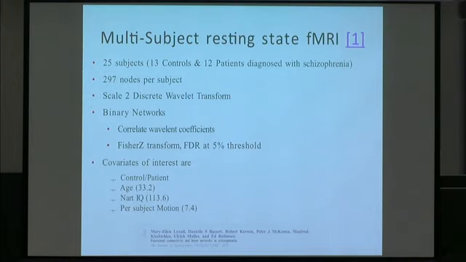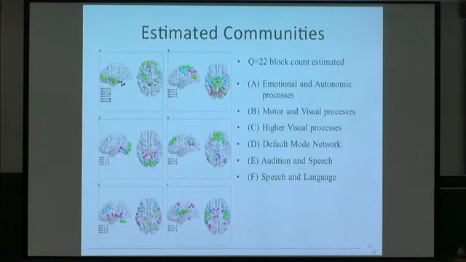The covariates of interest are control and patients, so this is schizophrenic patients and controls, and we're going to model that difference, their age, the NART IQ, which is an estimate of the pre-morbid IQ, basically what the IQ of these schizophrenic individuals would have been before they got sick. And also, because we're often worried about this in brain imaging, how much they moved in the scanner.